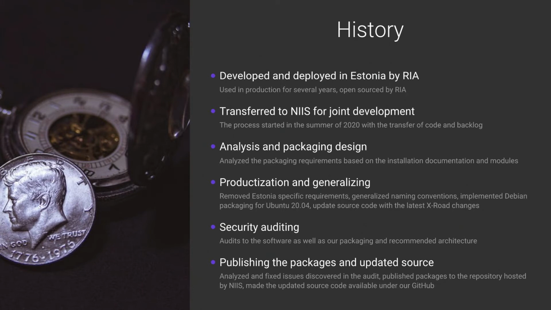But since X-Road Metrics is something that every X-Road operator, and why not X-Road member, should have, it was decided that it will be handed over from RIA to NIS, because developing and maintaining such a component is a joint interest of all NIS members. And therefore, the component was handed over from RIA to NIS in 2020.